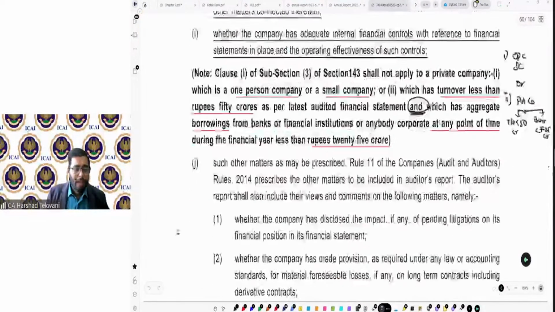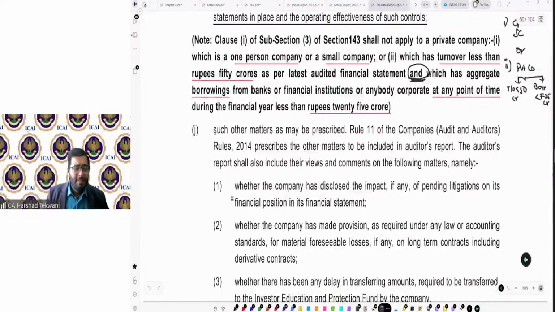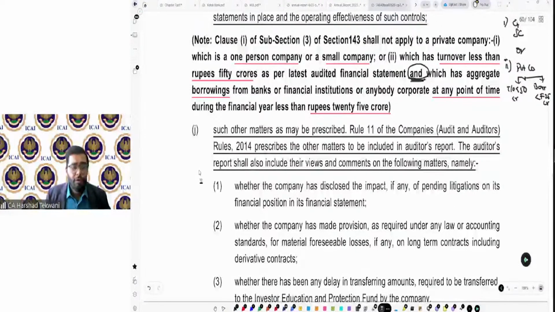Then such other matters as may be prescribed under Rule 11 of the Companies Act. For that, there is Rule 11 of the Companies (Audit and Auditors) Rules 2014, which prescribes certain additional points which are required to be included or the auditor is required to comment on these matters.